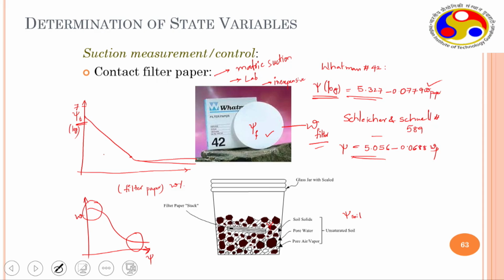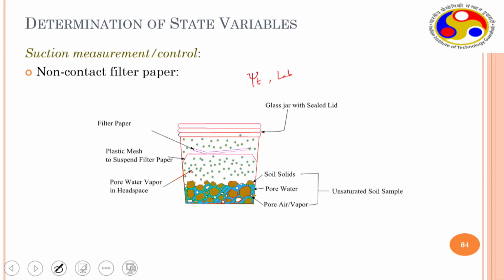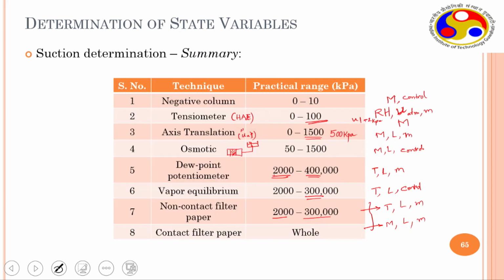If it is in contact with the soil, you will evaluate matric suction. If it is away from the soil, you will evaluate total suction, because it comes in equilibrium with the vapors, right? Yeah. So this is the total suction measurement.